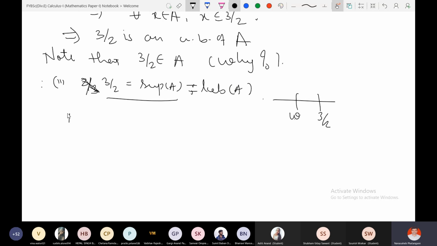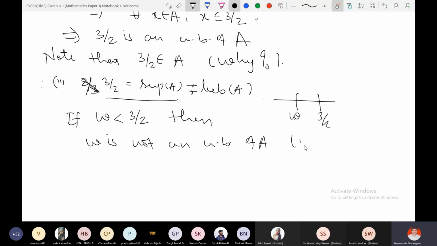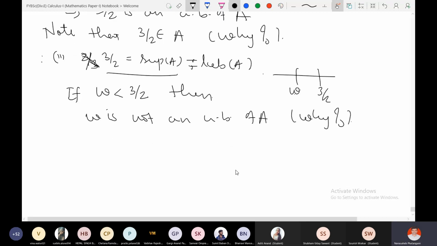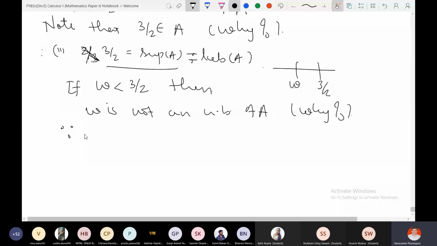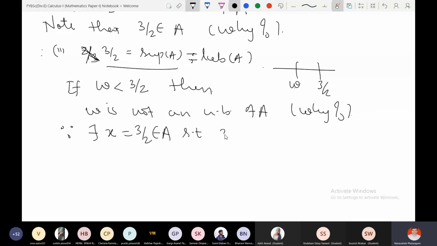So if we select any w less than 3 by 2, then w is not an upper bound of A. Why? Is it true? Yes, sir. Because there exists x equal to 3 by 2, which is a member of the set, such that 3 by 2 is greater than w.